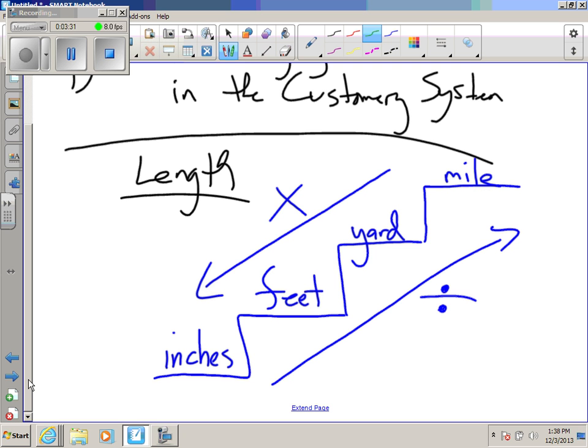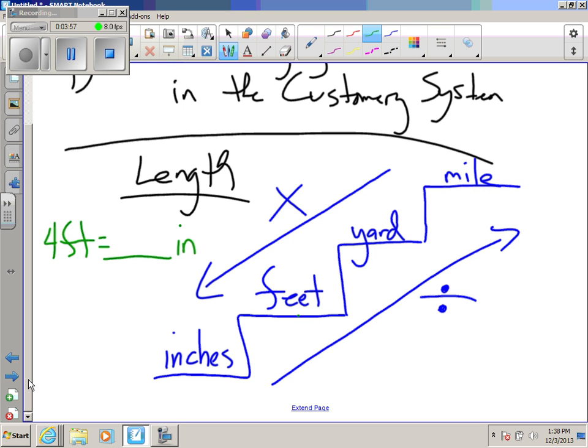For example, you're always going to get 2 measurements. One is known, one is not known. You start with the one that's known. 4 feet. Here is feet on my chart. Am I going up to get to inches, or am I going down to get to inches?